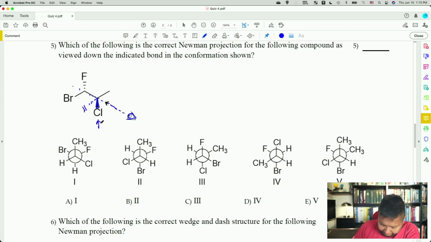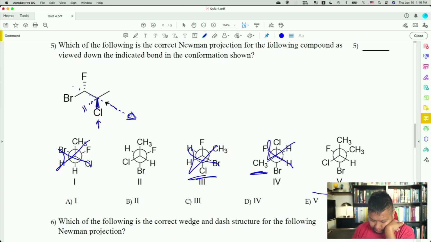you already ruled out structure 1. Chlorine is definitely not pointed down, because it's coming out of the paper, so it can't be structure 3. This one's got methyl in the left position, pointed down, so it can't be that one. So it's between this one and this one.